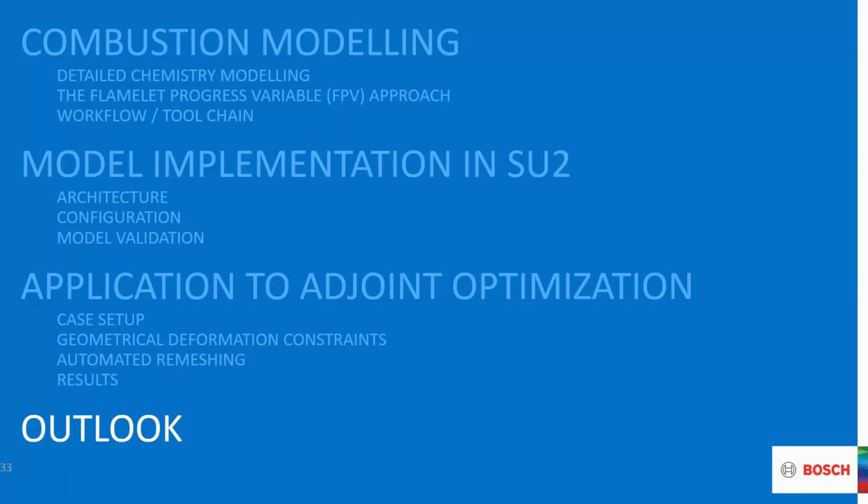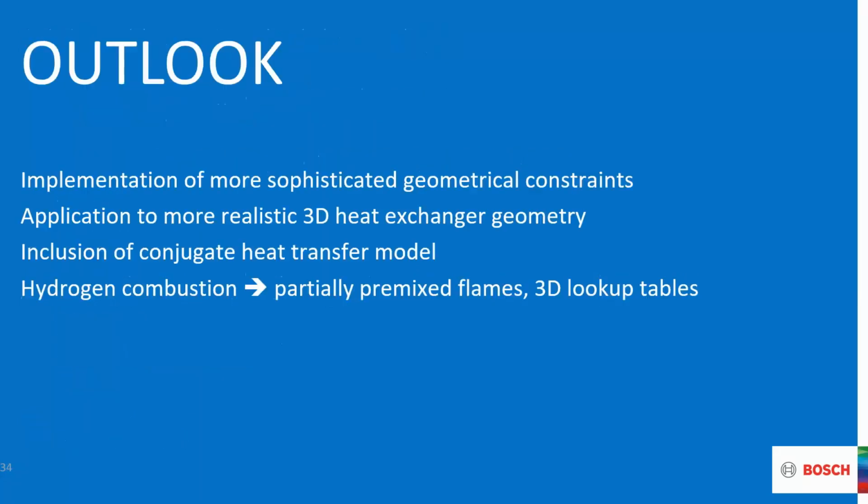And with this, I come to the outlook. So for the rest of this year, we would like to implement a little bit more sophisticated geometric constraints, because when we go to 3D geometries, a box will probably not be enough, and we need more complex geometries. Then, of course, we want to apply this to a really realistic 3D geometry and really improve Bosch products with this.